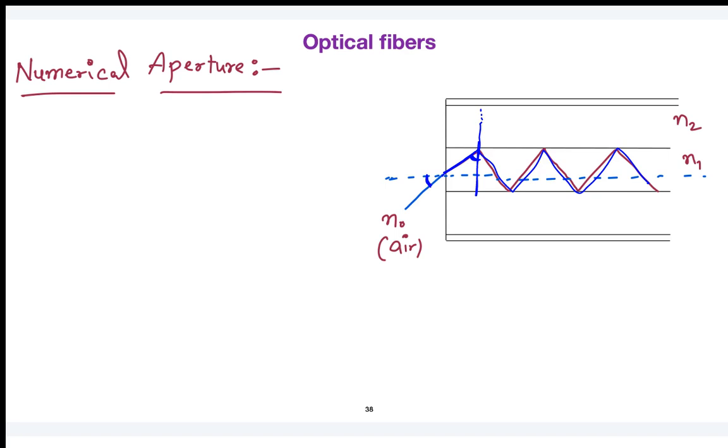So let us assume that the wave is entering from free space onto the optical fiber. What should be the minimum angle of incidence here in order to have the critical angle? Can you tell me what should be the minimum value to have the reflection?